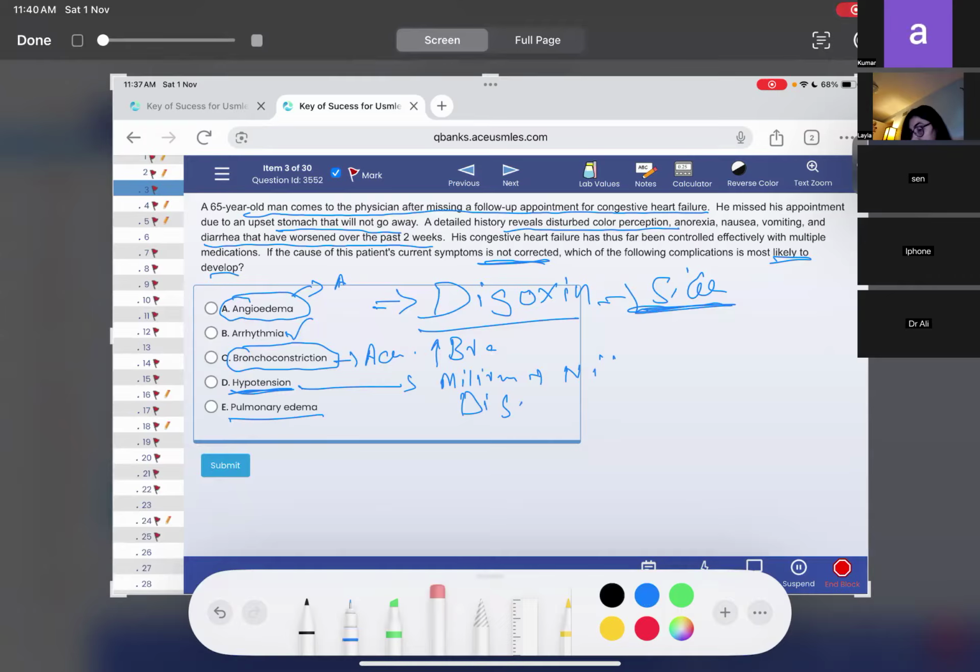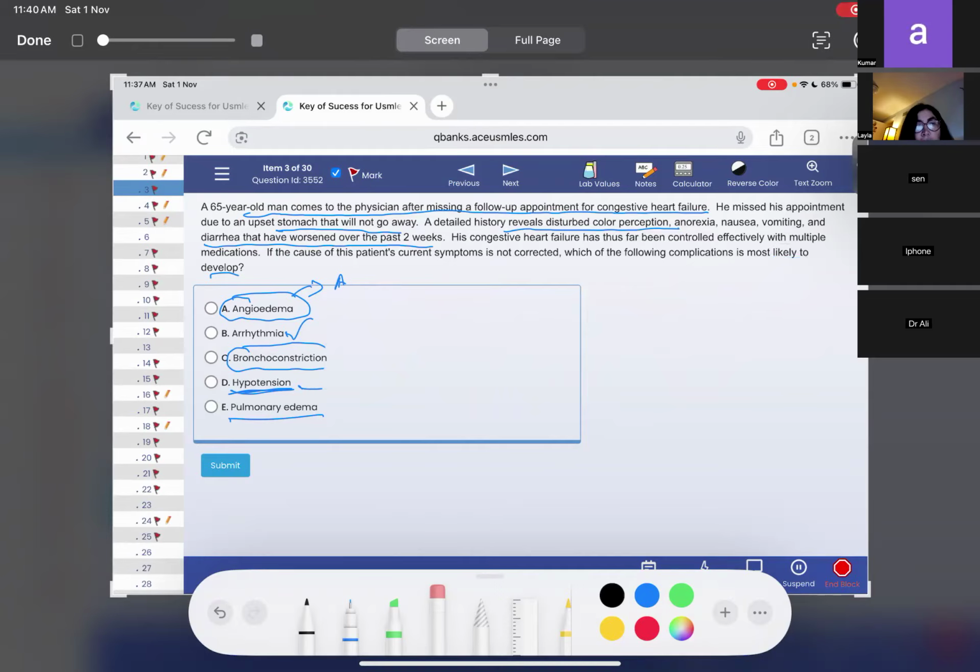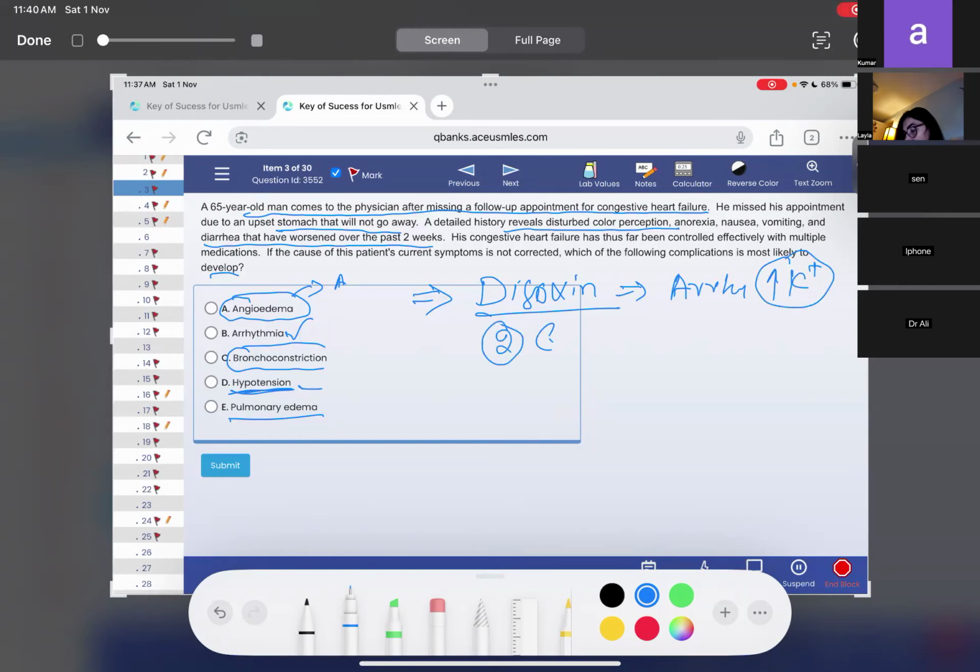Let me one more time tell you the side effects of digoxin. The most important side effect is life-threatening arrhythmia due to increased potassium level, hyperkalemia. Number two, it has GI side effects like nausea, vomiting, abdominal pain, and diarrhea.